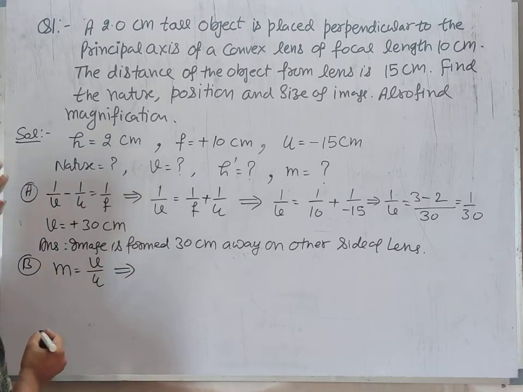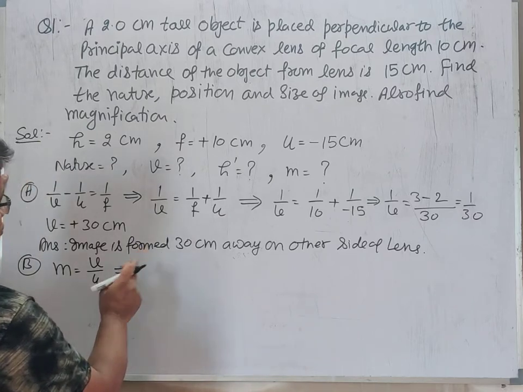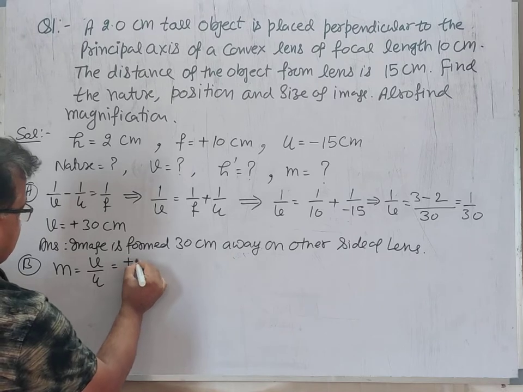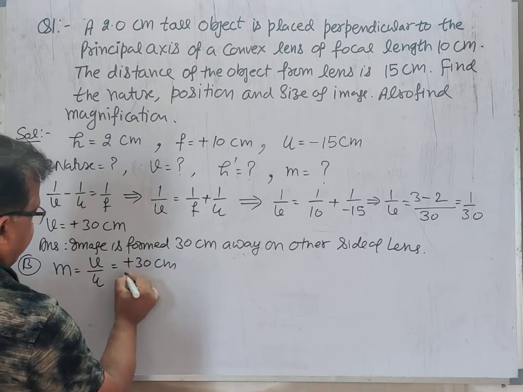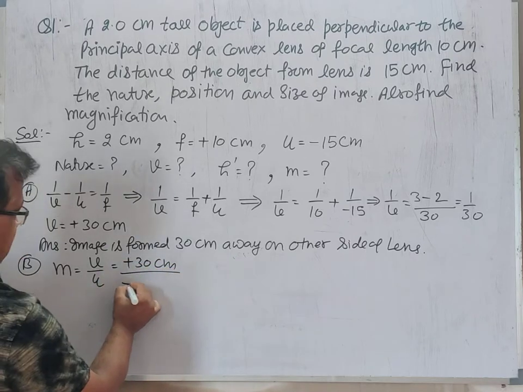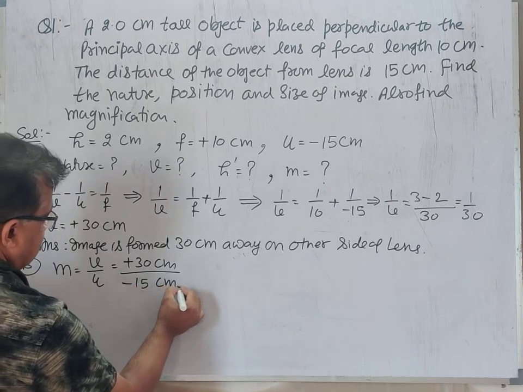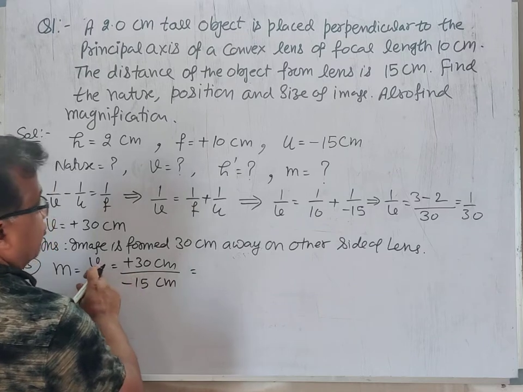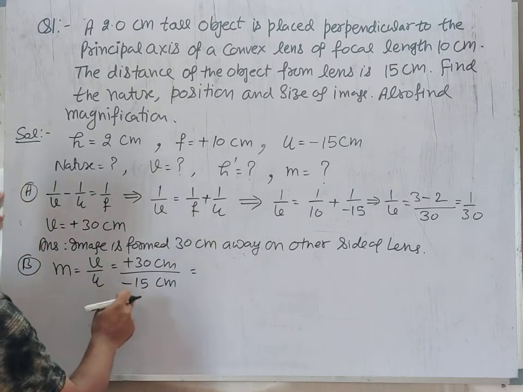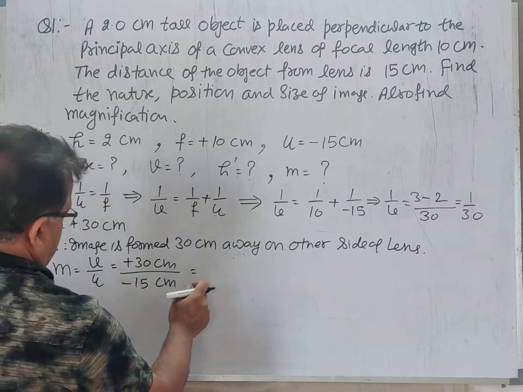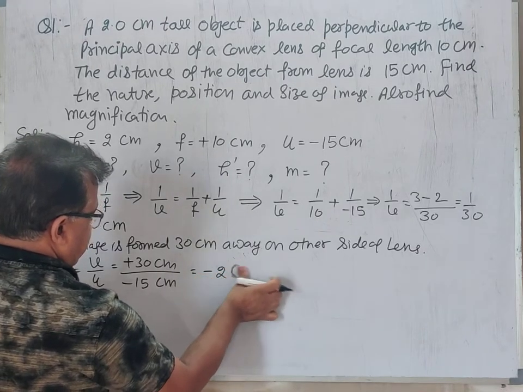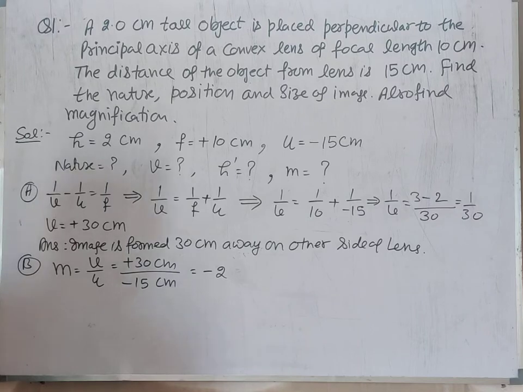The value of v is plus 30 centimeter and the value of u is minus 15 centimeter. So it is equal to minus 2. The centimeter will be cancelled, so magnification is only minus 2.